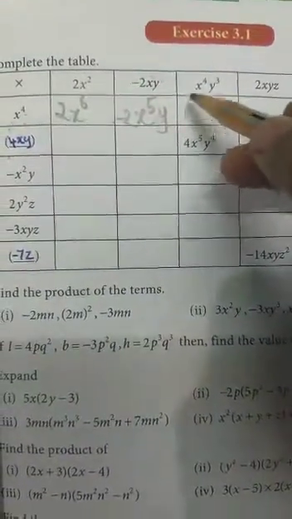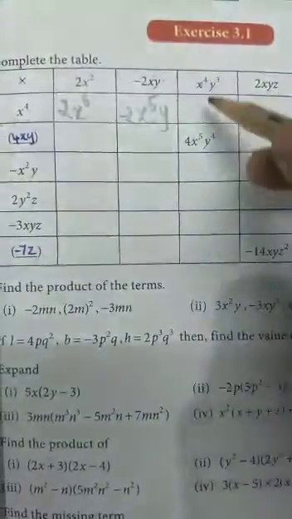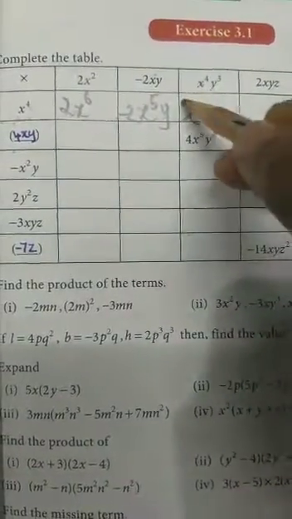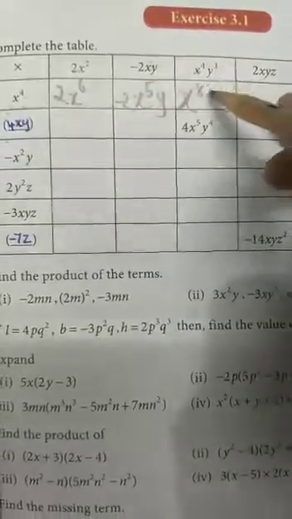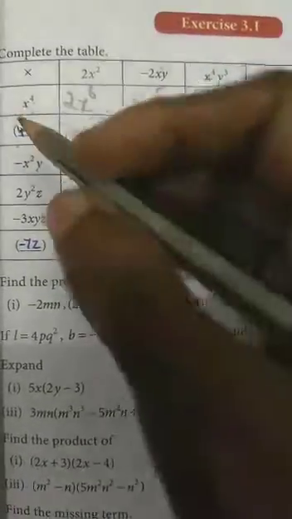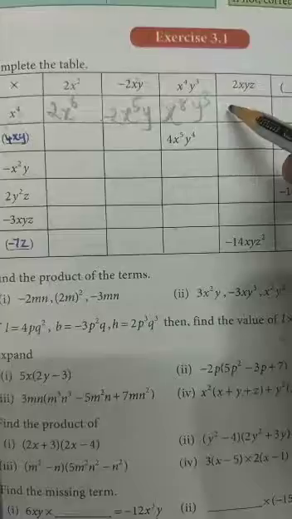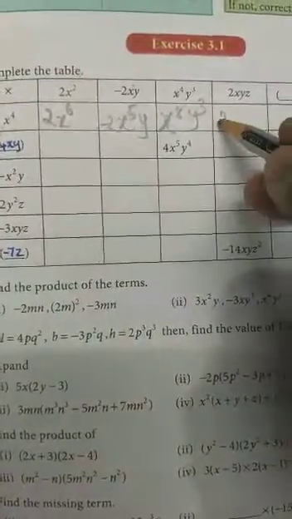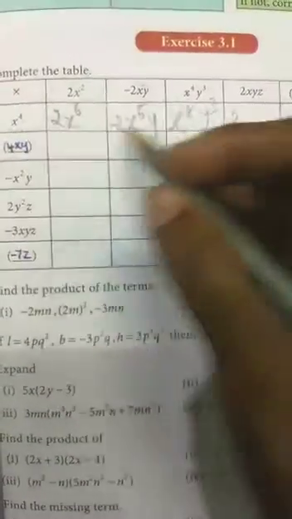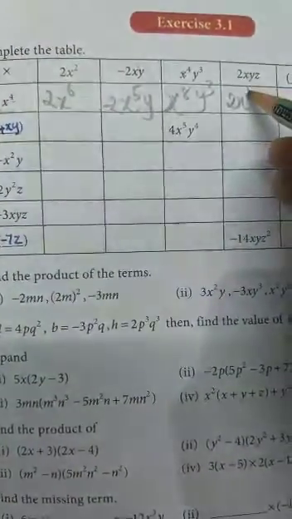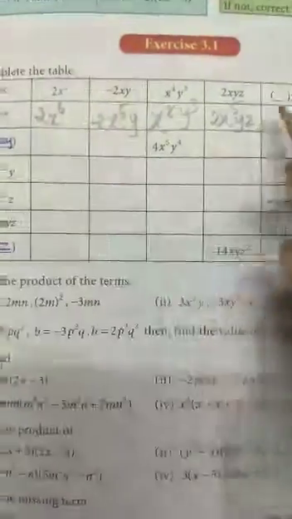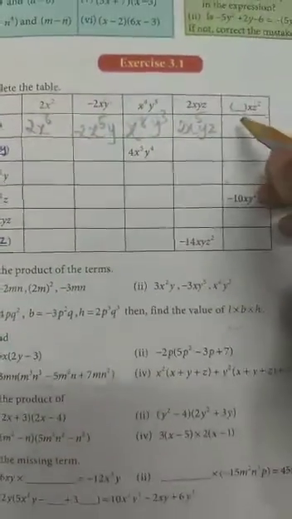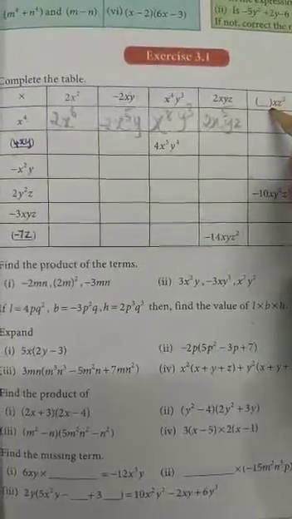The next, x power 4 into x power 4. x power 4 plus 4, 8. Okay, then y cube. No y here, so y cube. The next, 2 into x power 1 plus 4, 5. x power 5, y is as it is. No y, so we are writing y as it is. Here what you have to write here?